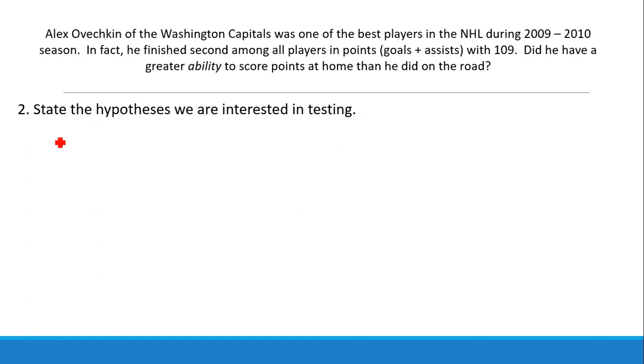So number 2 says state the hypotheses. So our H0, Ovechkin had the same ability to score points at home and on the road.